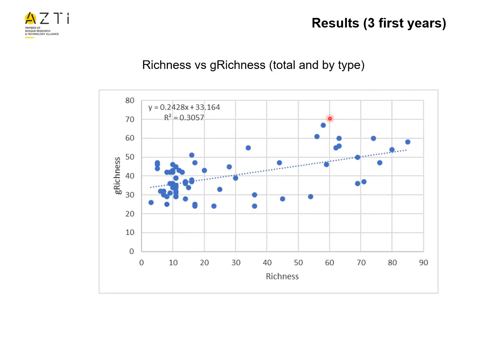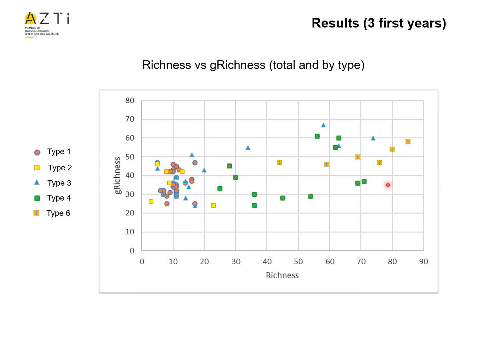When we compare richness for both morphological and molecular data, you can see that the correlation is a bit worse, but again, the problem is that for low richness in the case of morphological, we still have high richness in the case of molecular. And taking into account the types, we have more or less this even distribution.